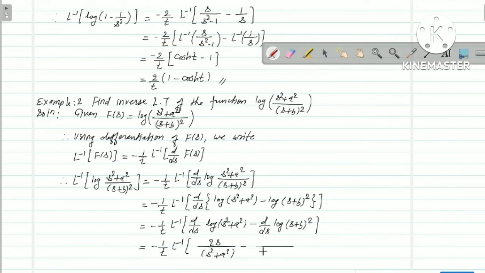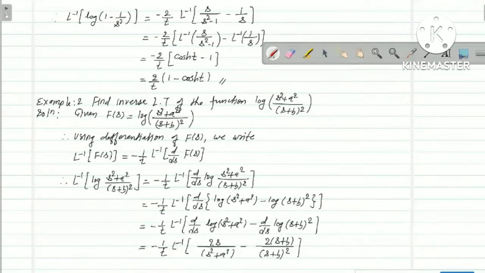So s plus b the whole square, and the derivative of s plus b the whole square is 2 times s plus b, and we take one more derivative, so this becomes 1, and the constant term is 0, so there is no need to write it. Now 2 is in the numerator in each term, so we will take it common.